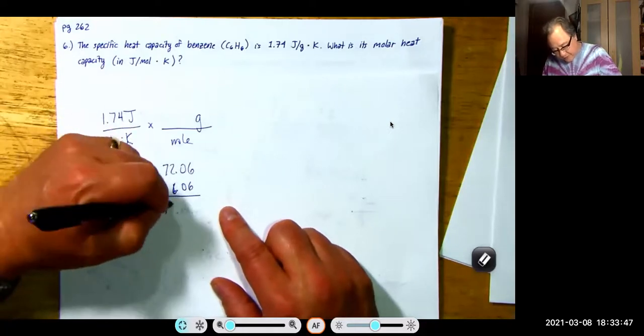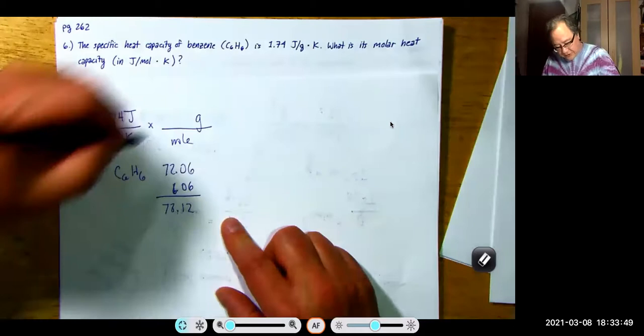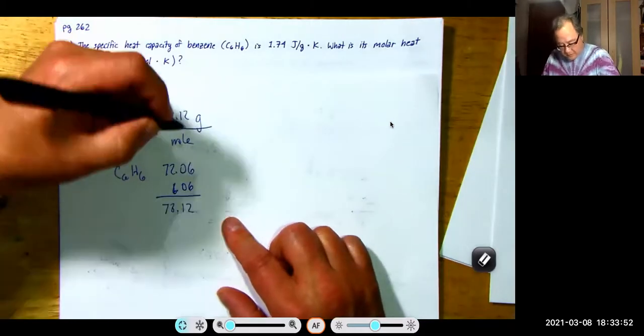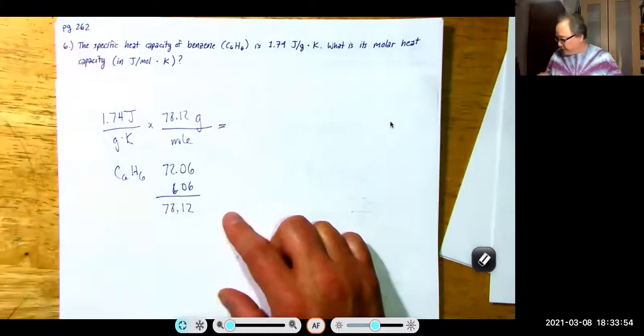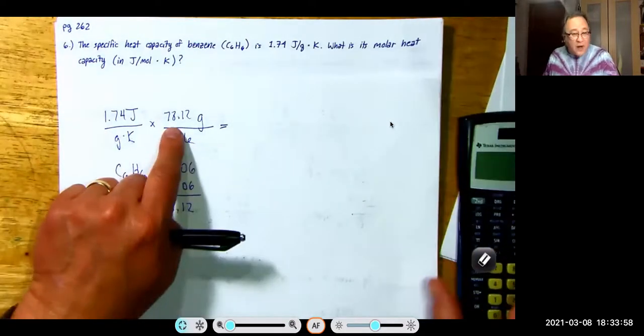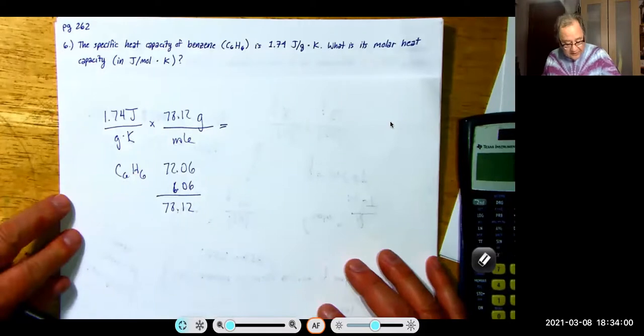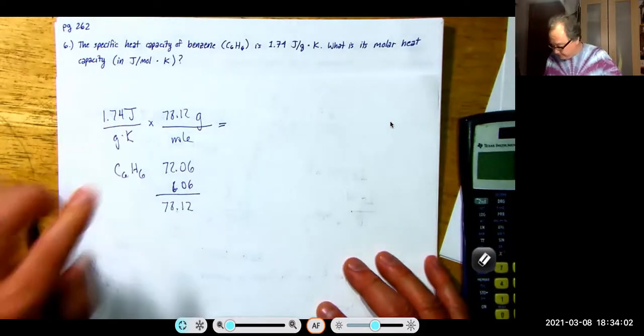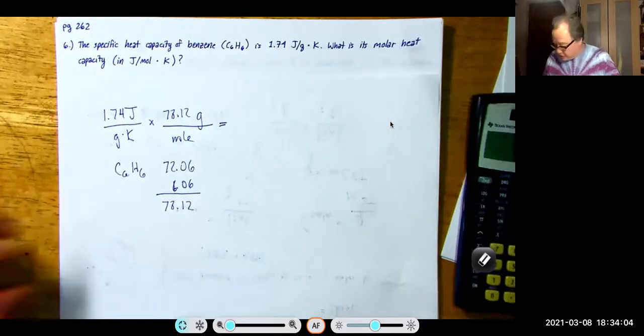So you get 78.12. So 78.12 grams per mole, and we'll get our answer. And you can see that the answer is going to be not quite as much as 160 because you have 1.74, not 2. So maybe 130, 140.